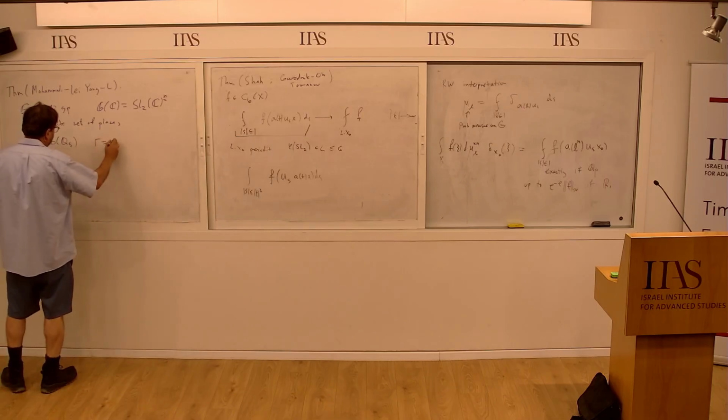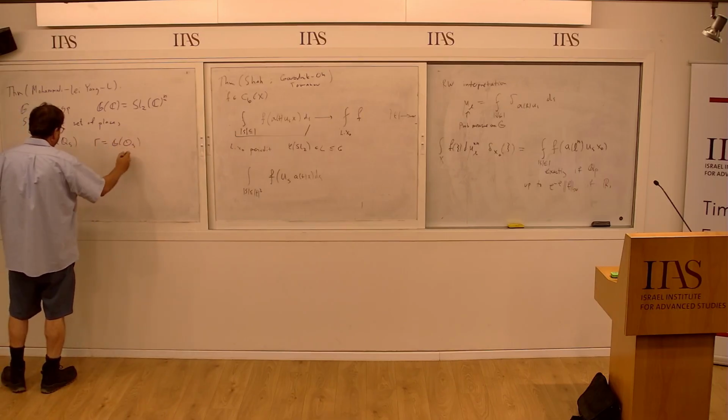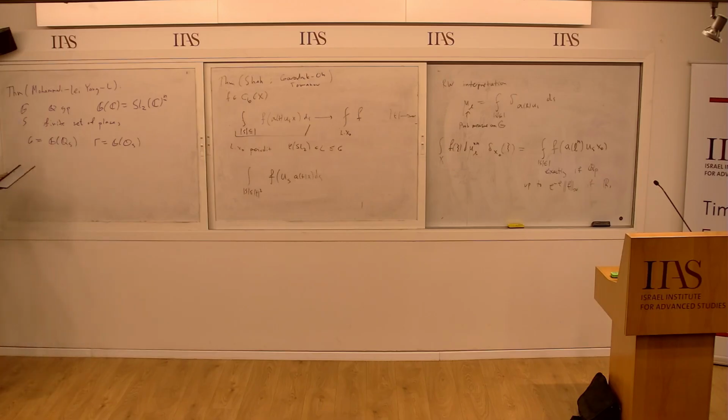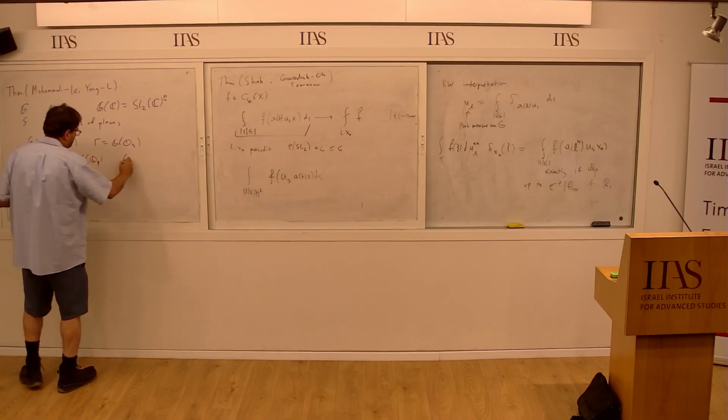Gamma is the integer points, or a finite index subgroup of the integer points, or a congruence lattice. And phi, like we said, is SL2(Qp) into the Qp part, or maybe SL2(R).